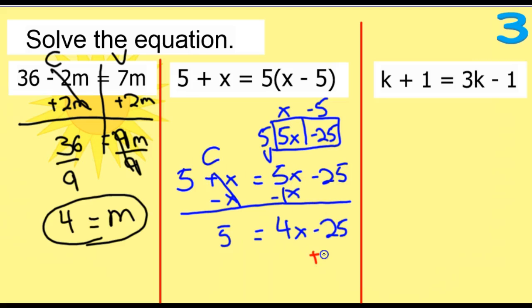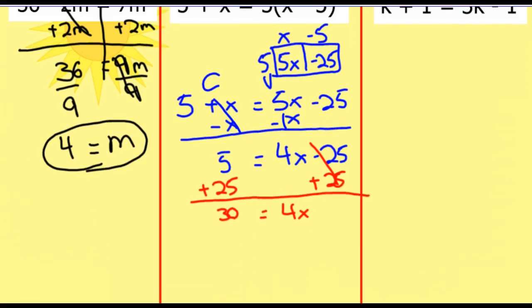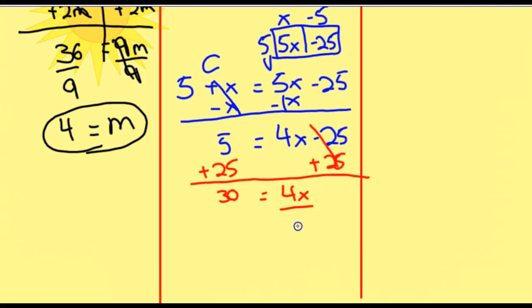I'm going to move this over to the constant side by adding 25. So we get 4x equals 30. Now if I divide by 4, something happens.